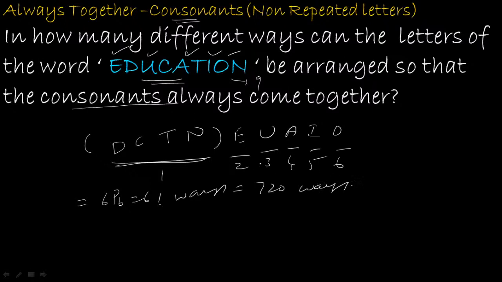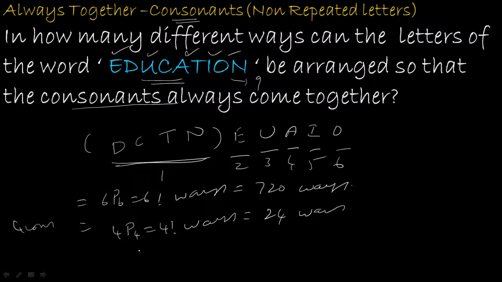Look here, none of the letters repeat more than once, isn't it? That's why I write 6 factorial directly here. And look at the consonants, the 4 consonants can be arranged among themselves in 4P4, that is 4 factorial ways, that is 24 ways.